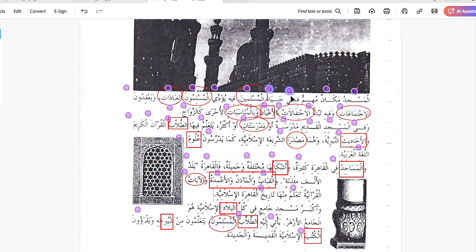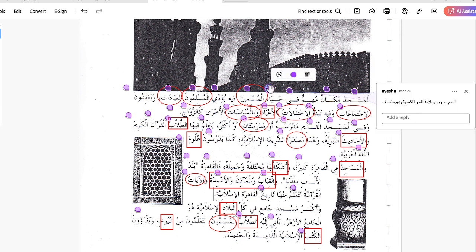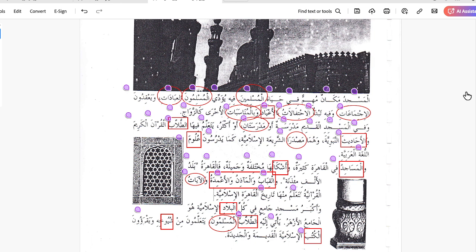Fi is harfu jar, harfu jarrin mabni ala sukun, and hayati is ism majrur wa lamatul jarri al kasra, and it is mudaf. In al muslimina, you see here is Muslimina, so it's a plural coming, and because the mudaf alayhi has to be majroor, we cannot use Muslimuna here.